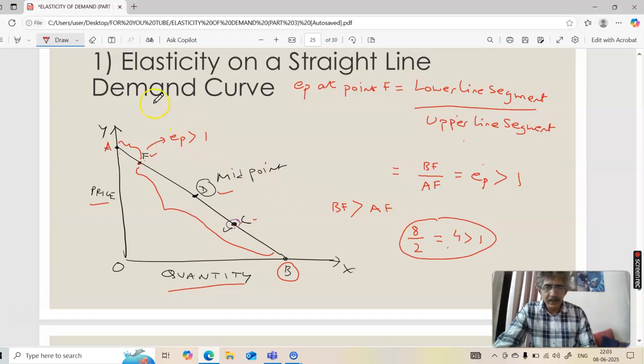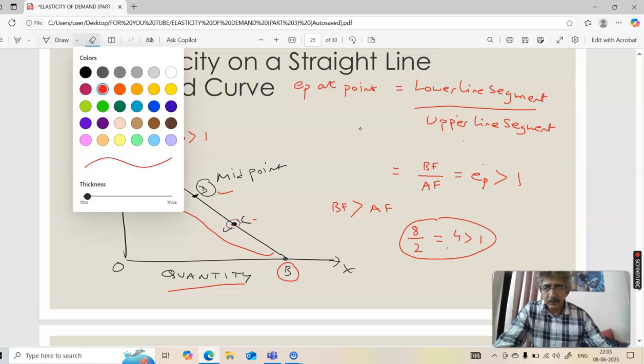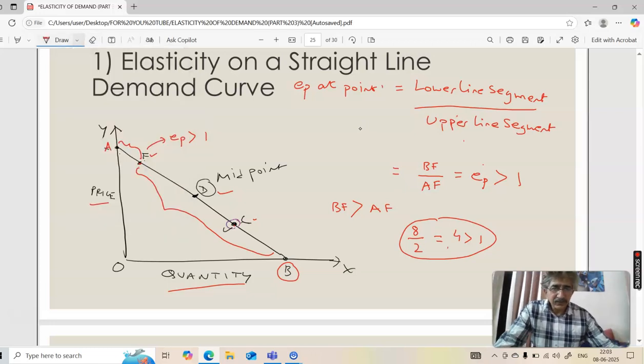Okay. So I'm making a change here only. Now we need to find out, let's say, EP at point D. Formula will be the same, lower line segment upon upper line segment.